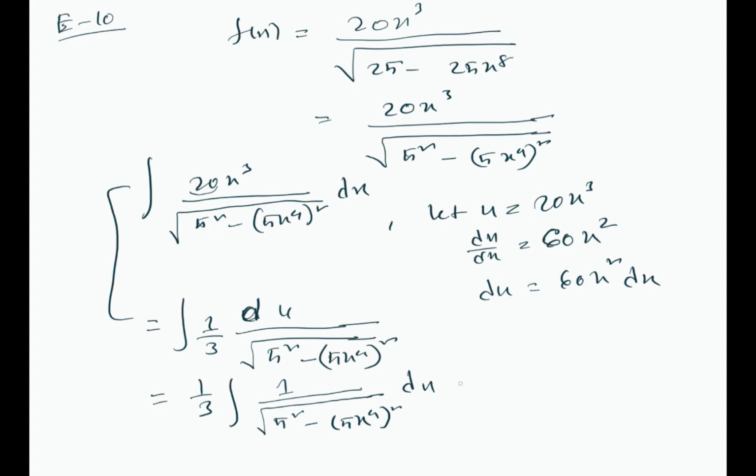If you check the formula sheet, you will see the integral of this function is 1 over 3, our constant term, times the inverse sine of this, where in place of x we have 5x to the power 4, over 5. Okay, so this is our answer.